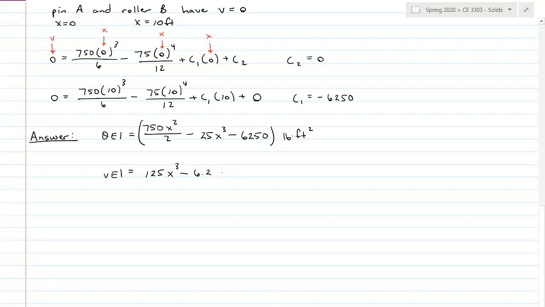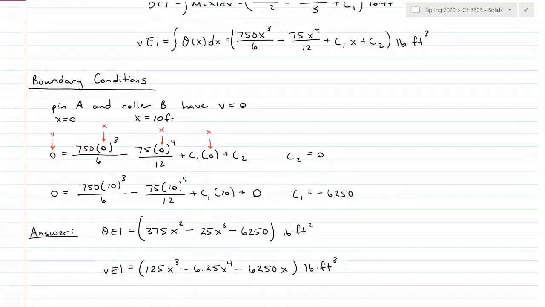Oh, good job. 5x to the 4th minus 6,250x, and this will be in pound feet cubed. I'm sorry, I don't know where my brain is. 375x squared. Okay, did I get all those numbers correctly? 75 divided by 12. Okay, so there's my final answer.